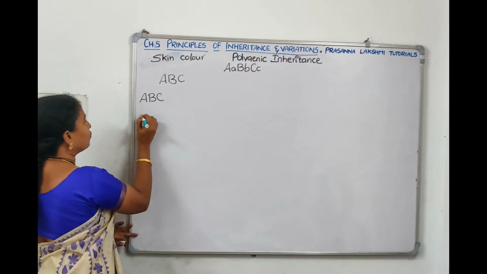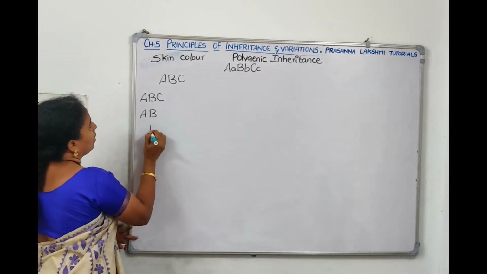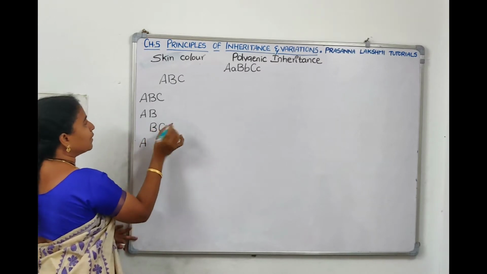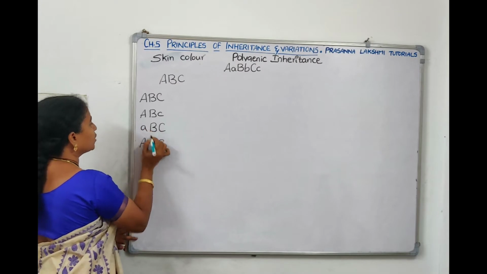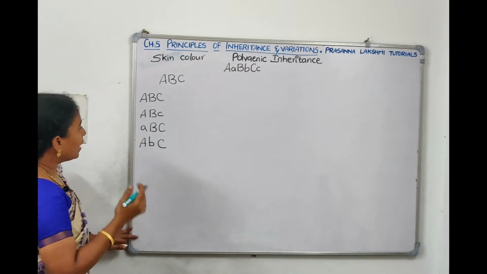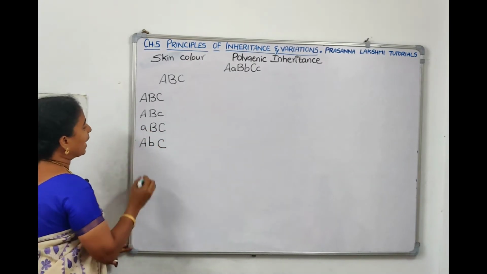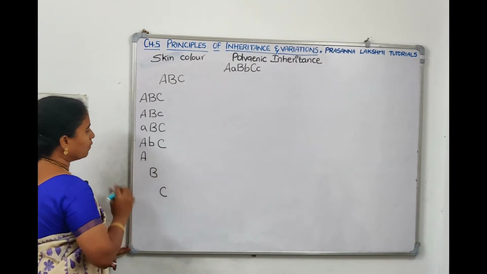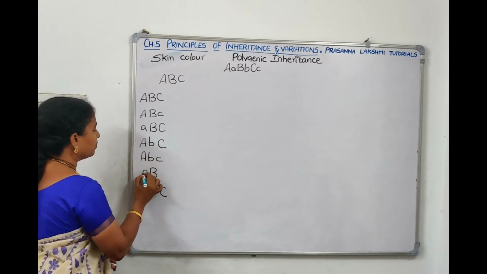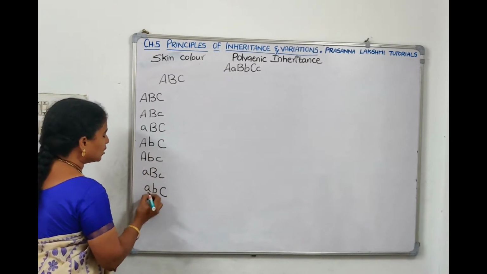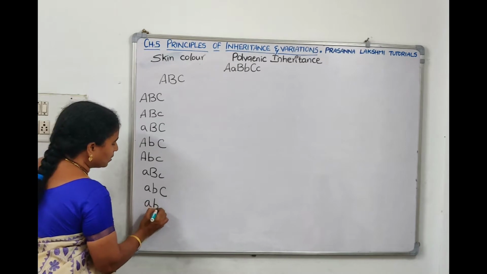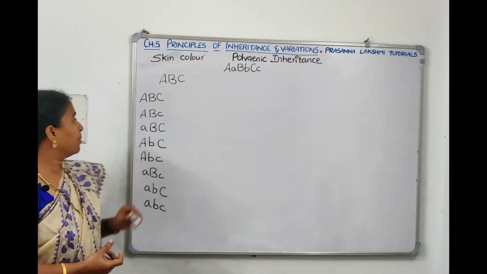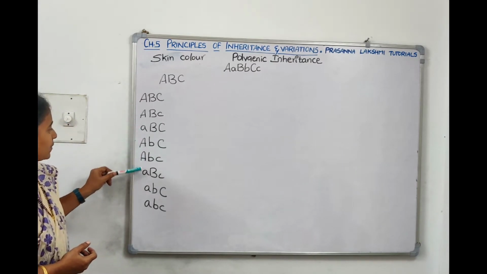Then 2 capital we have to go, AB capital or BC capital or AC capital. The other one will be small, C is small, A is small, B is small. Then the other 4 types of gametes will be 1 capital only, A capital, B capital, C capital. The other 2 will be small, B and C are small, A and C are small, A and B are small. The last gamete will be all 3 small. So we told 2 power 3 means 8 types of gametes will be formed. 1, 2, 3, 4, 5, 6, 7, 8.